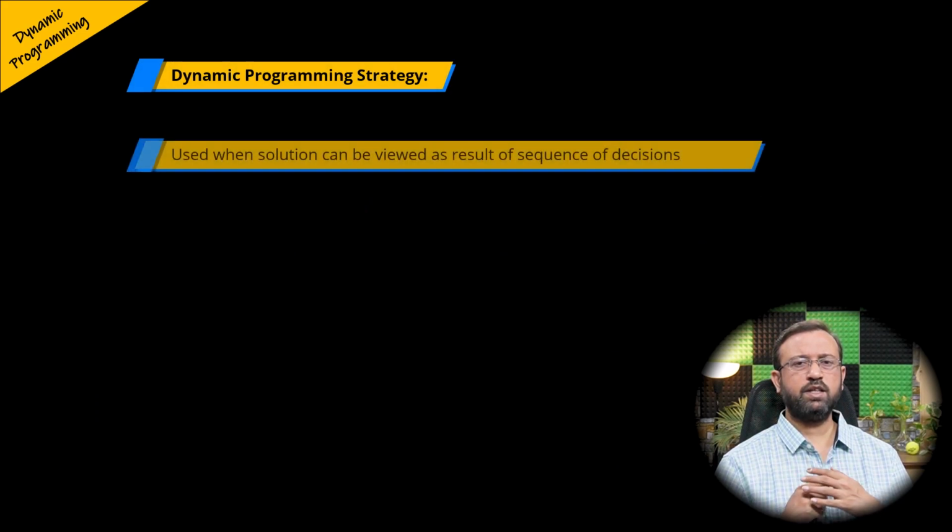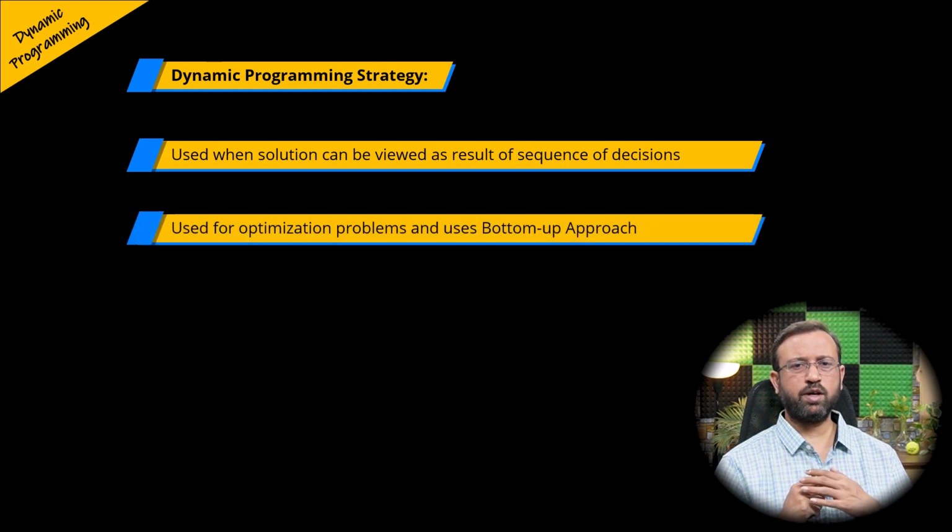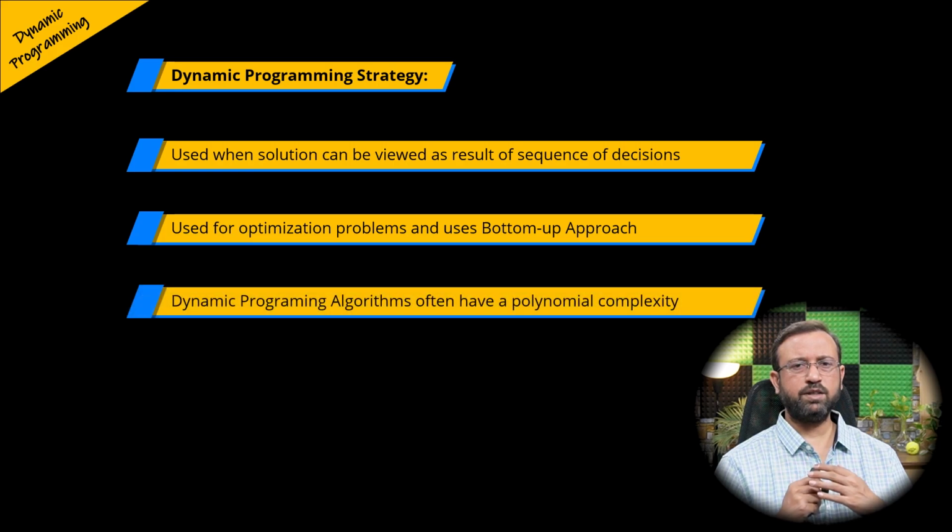So, to summarize the dynamic programming strategy, dynamic programming is a method that can be used when the solution to a problem can be viewed as a result of a sequence of decisions. The dynamic programming approach is used for optimization problems and uses a bottom-up approach. In dynamic programming, many decision sequences may be generated. Hence, dynamic programming algorithms often have a polynomial time complexity.